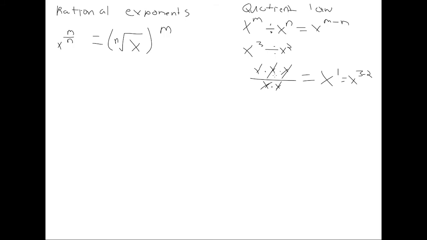And when you have the numerator and the denominator, they're going to cancel out until either the numerator or the denominator doesn't have any x's left. And that's why the quotient law works. Okay. All right.